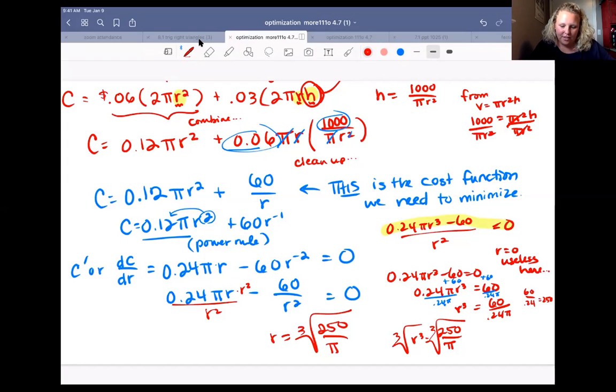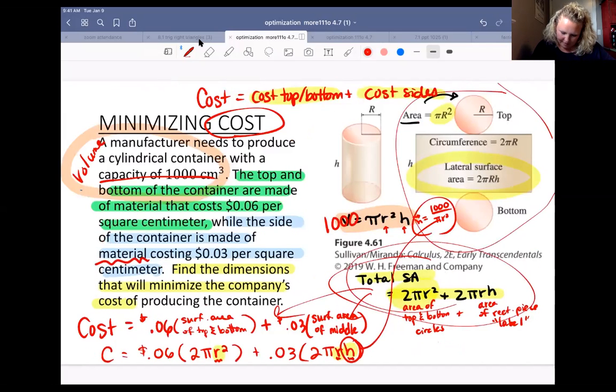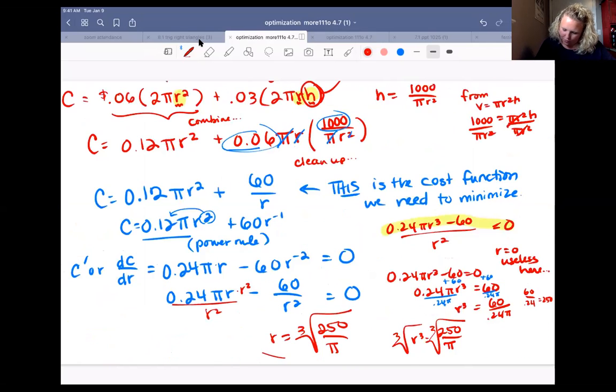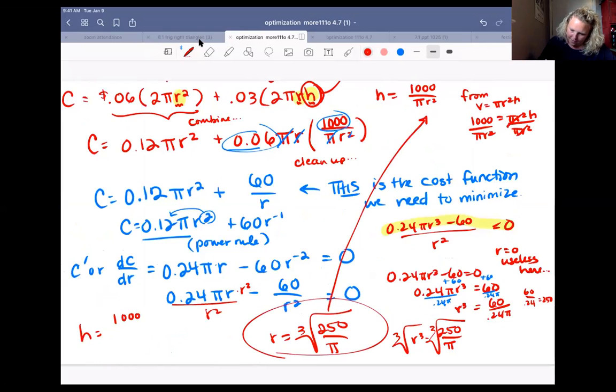And I think the question asked for the dimensions that would minimize it. So that's your radius, because it's a radius and a height. That's what you're looking for. Once you have radius, you can stick it back into this height equation, the 1,000 over pi times radius squared.